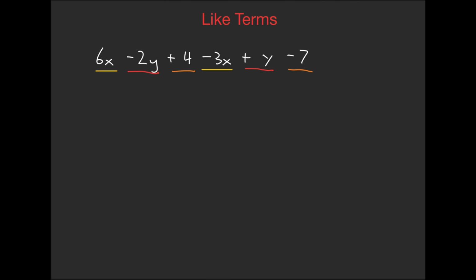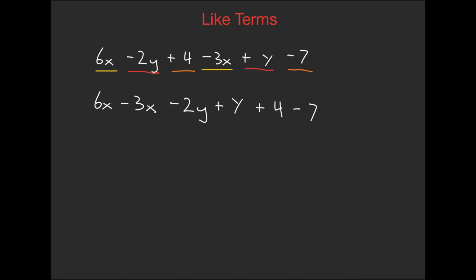So if we rewrite the expression collecting the like terms, we have 6x, and then don't forget to take the minus, so minus 3x. Then we have minus 2y plus y plus 4 minus 7. Now we can collect the like terms.